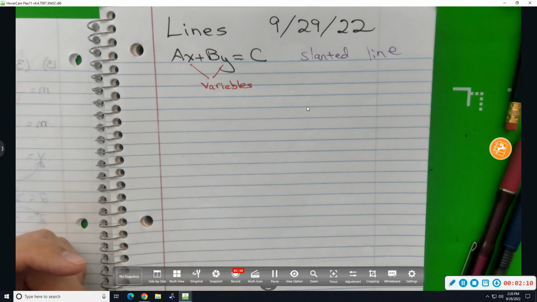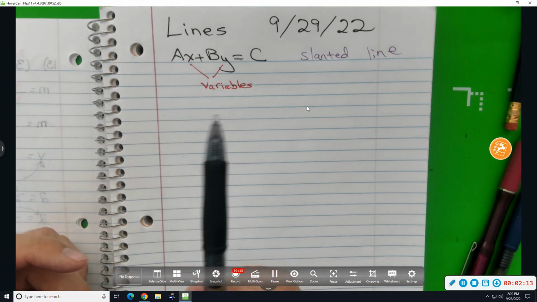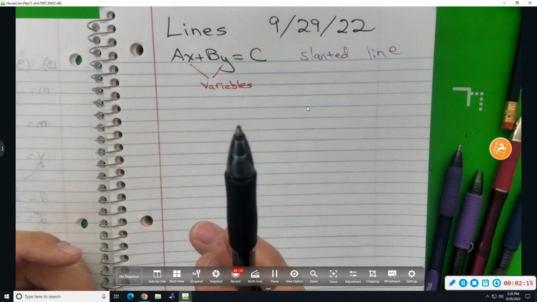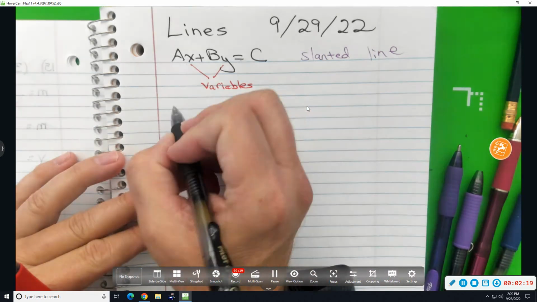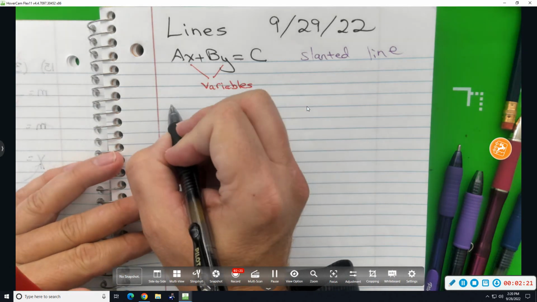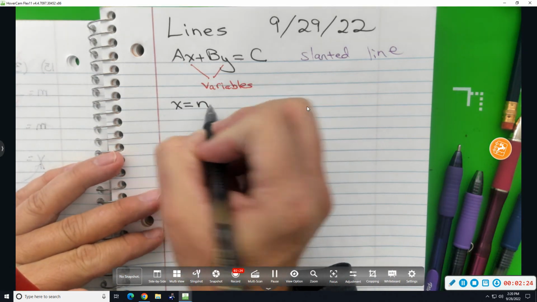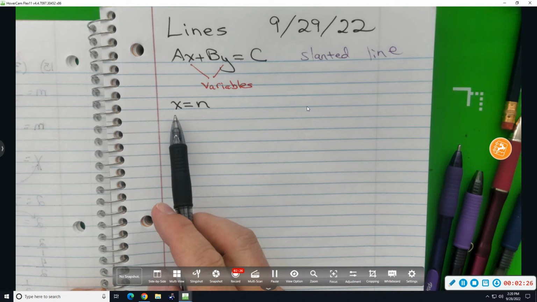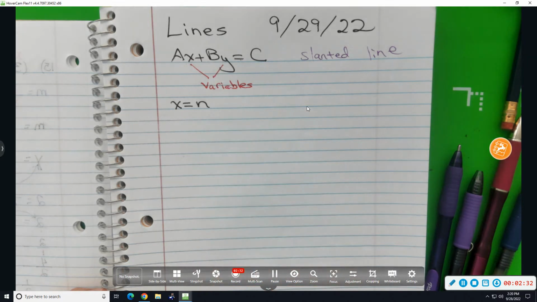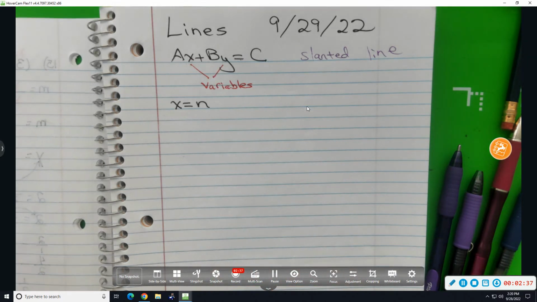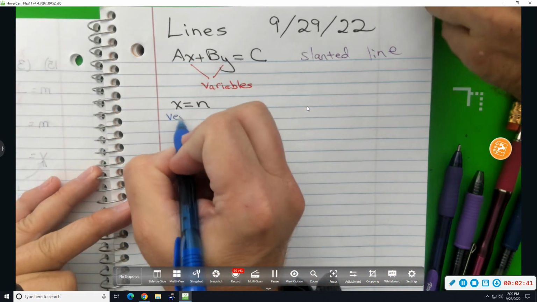So, now, if your equation contains only a single variable, we're looking at two special types of lines. If your equation can be written in the form x equals a number, if you can get x by itself on one side and a number by itself on the other side, there's no y, the b value is 0, then what you have there is a vertical line.